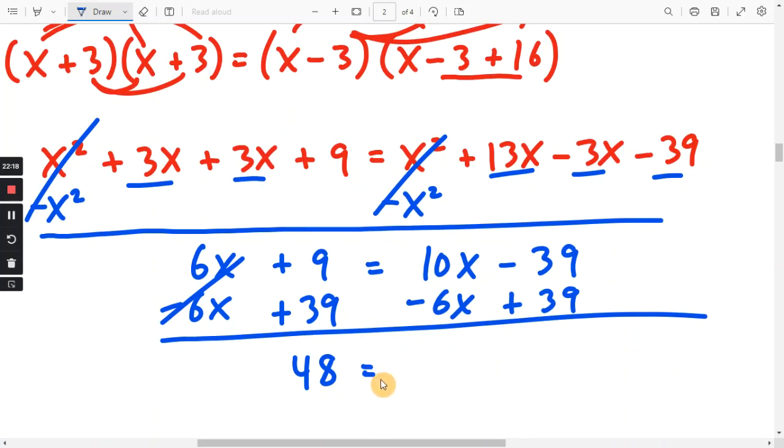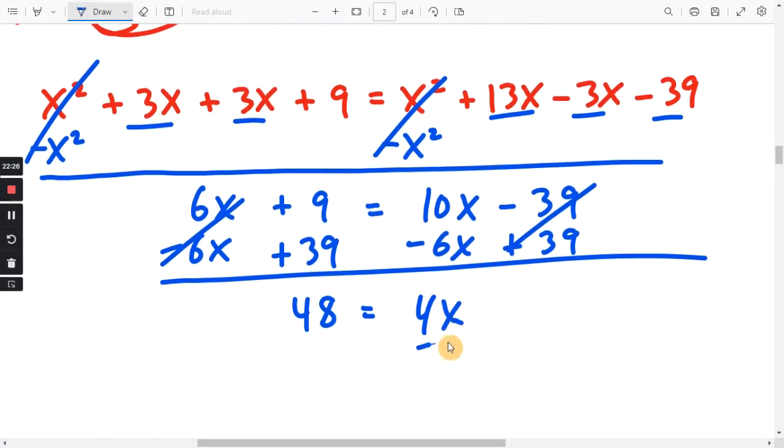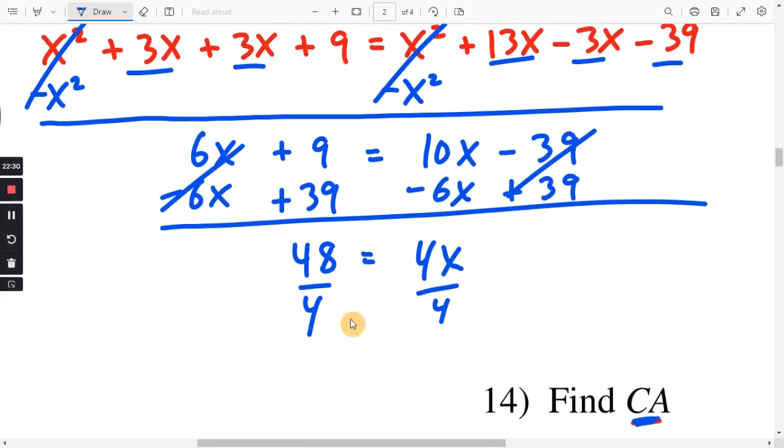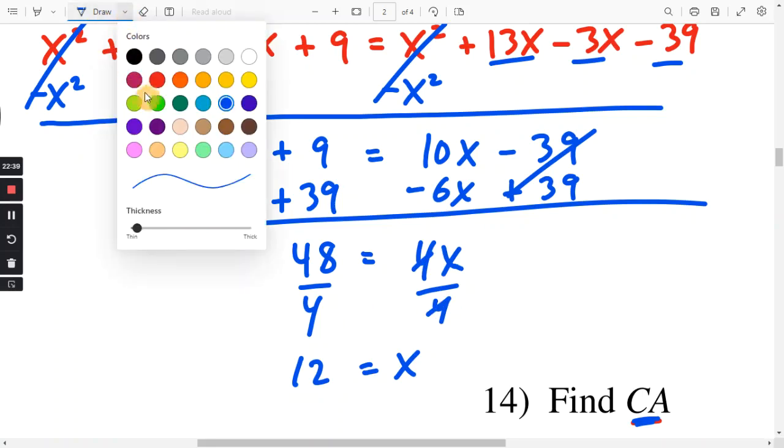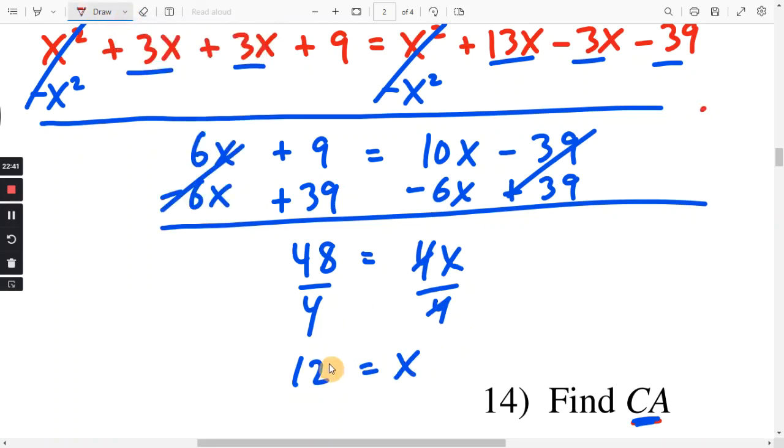Bring down the equals. 39 minus 39 cancels, and 10x minus 6x is 4x. Solving for x, the opposite of times 4 is divided by 4. Okay, and 48 over 4 equals 12.